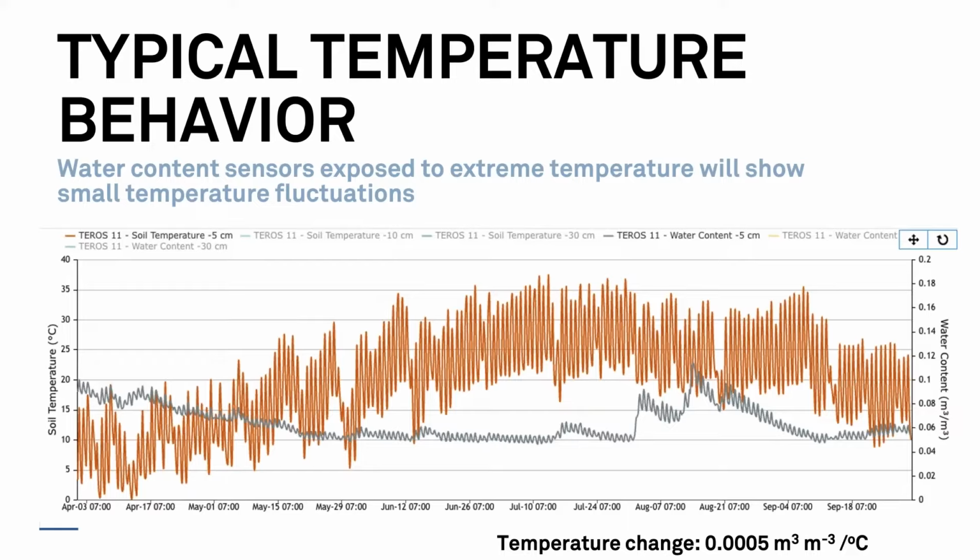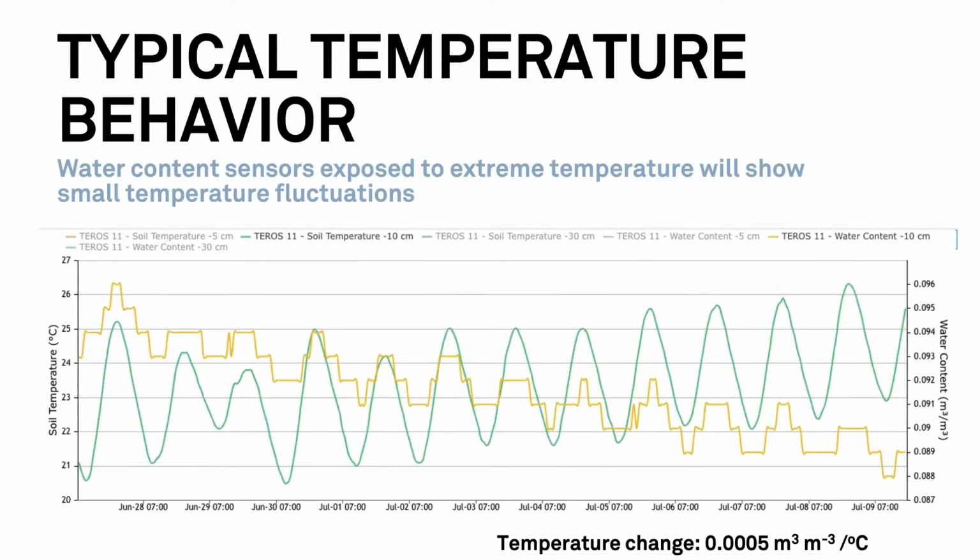But we can see here how much diurnal changes get imposed on that water content signal at 5 centimeters over a 6-month period of time. If we drop deeper in the soil, we still see a little temperature-related change, but now down here at 10 centimeters, in the green we've got temperature ranging between, let's say, 21 and 25, so about a 4-degree change in temperature at 10 centimeters depth.